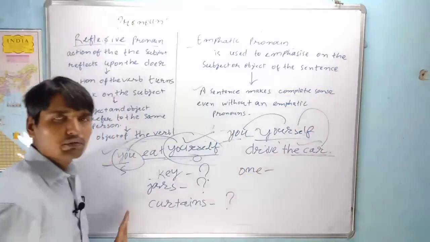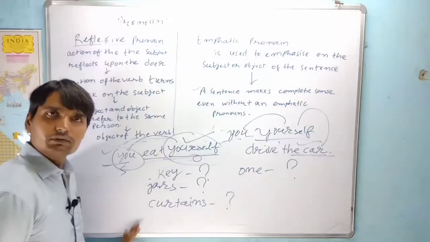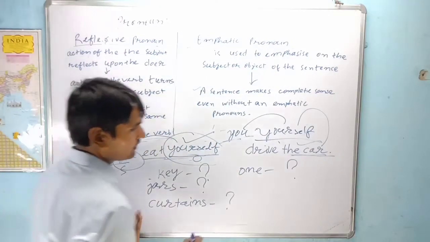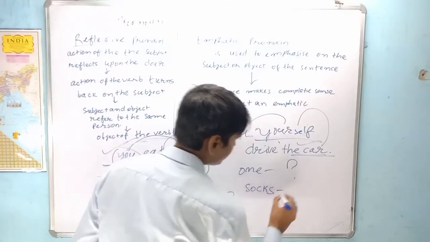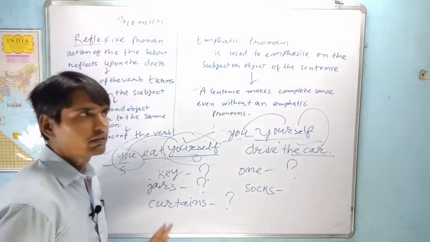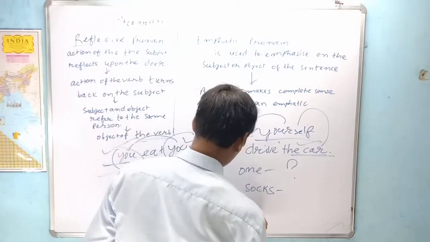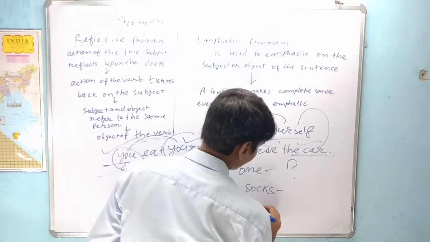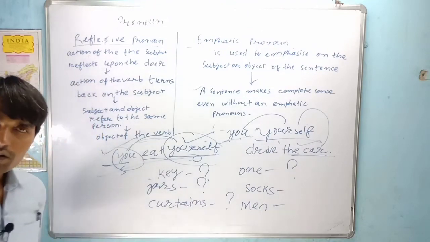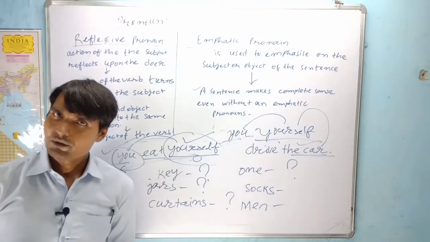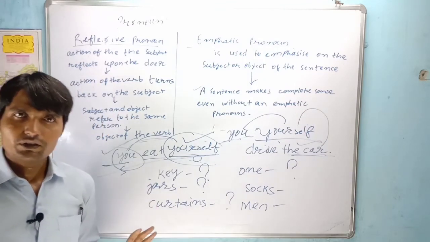Socks. Men, M-E-N. You have to write the emphatic or reflexive pronoun for each. If you write all of these correctly in the comment box, I will understand that you have understood the video very well.